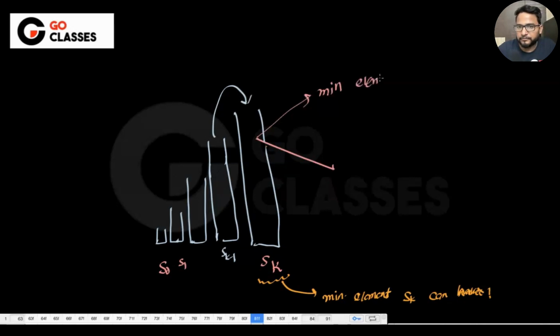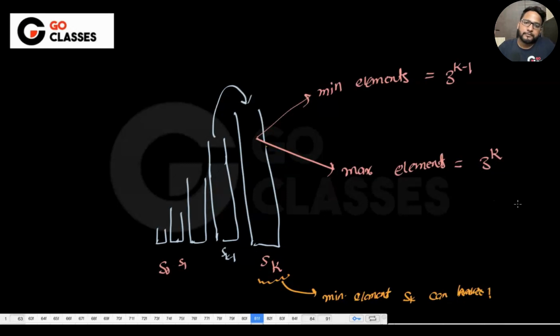In any stack, the minimum number of elements is 3 power k minus 1. The maximum could be 3 power k. Let me know if this is fine to everyone. Minimum, you cannot have less than 3 power k minus 1. Maximum, obviously, you cannot have more than 3 power k, because this is the size of the stack. Right? Okay.